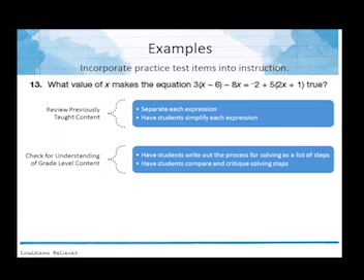If you wanted to incorporate practice test items into instruction, one like this one, which comes from a math test, obviously, and we're looking at an 8th grade item, it can be used in 2 ways. If you wanted to review previously taught content, you could separate each expression and have students simplify each expression and then try to solve for X. Or if you wanted to check for understanding of grade level content, you could have students write out the process for solving as a list of steps.